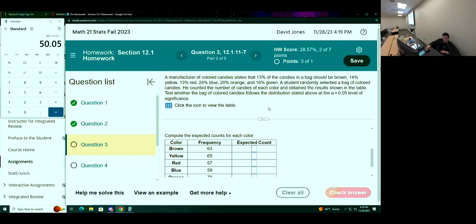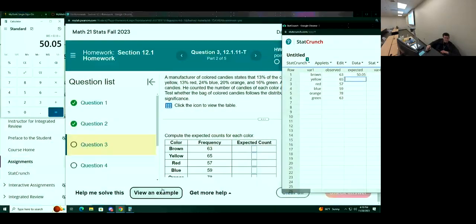Yellow is 14, so 385 times 0.14 is 53.9. Red was the same as blue, so it had the same percentage, so I can just copy that one. Blue is at 24%.